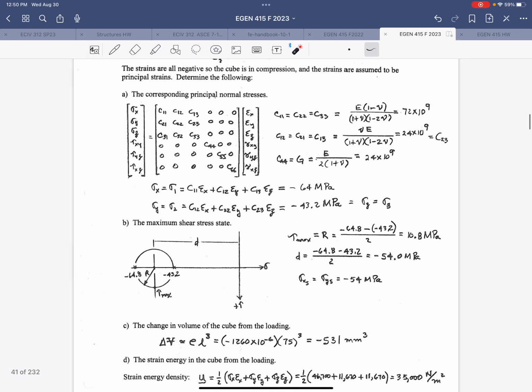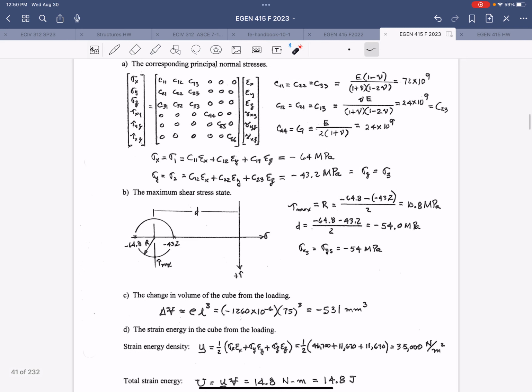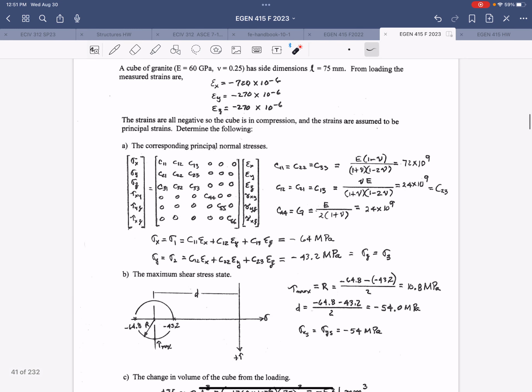But ultimately, you can solve that system and obtain those principal stresses. Well, in this case, we recognize there are no shear strains at play, so it is a principal state that's given.